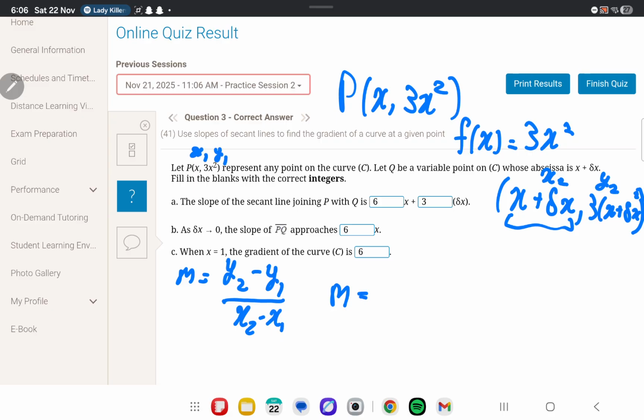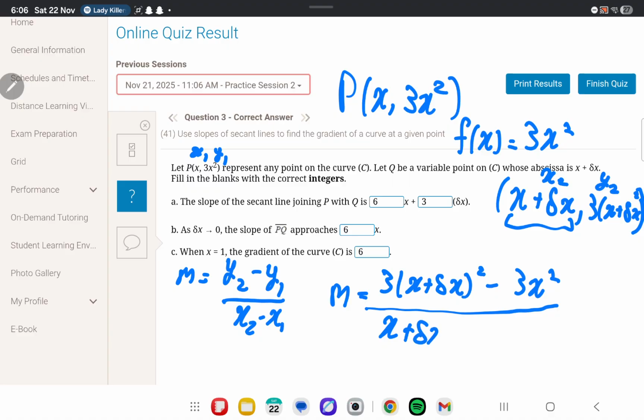So 3 into x plus delta x squared minus 3x squared over x2, which is x plus delta x, minus x. Now x minus x will cancel out, so we can just erase them. This is what we have for our gradient.